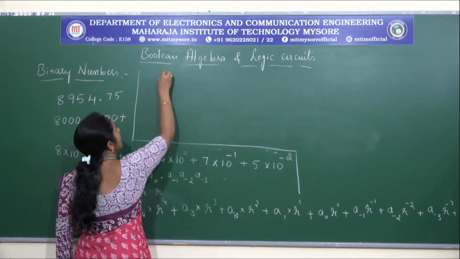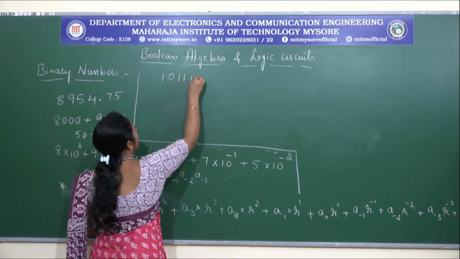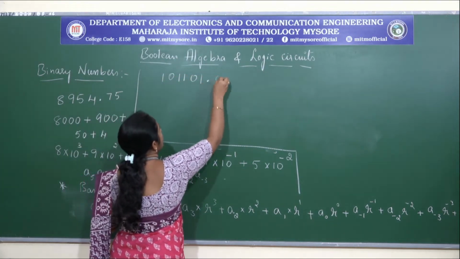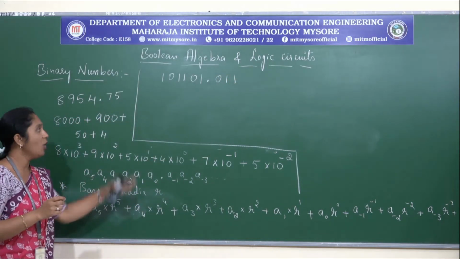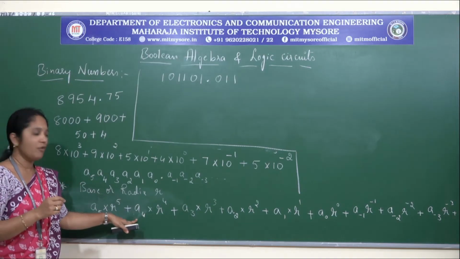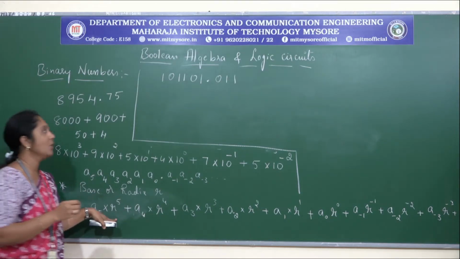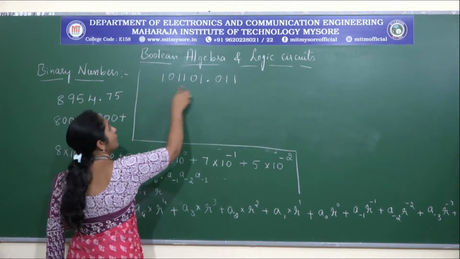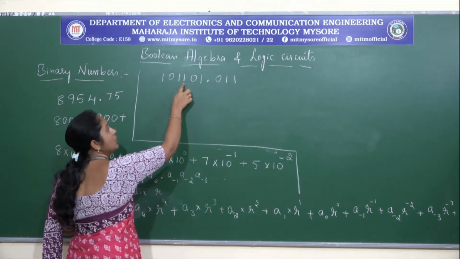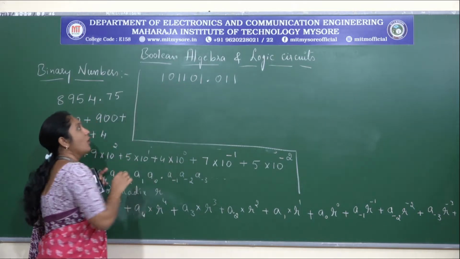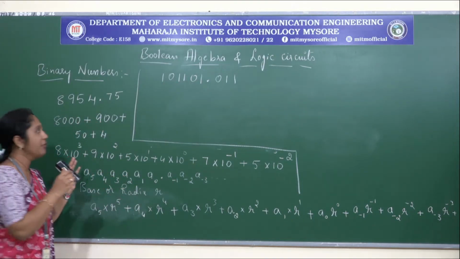So let me consider 101101.011. Let us consider this binary number. Let us see how to represent this in the expanded format, using this generalized equation. So here if you count the digits, we have 0, 1, 2, 3, 4, 5. So the highest power of 2 will be 5.